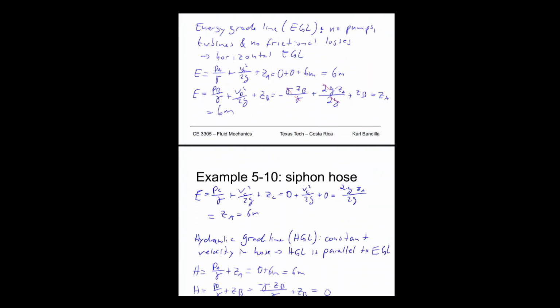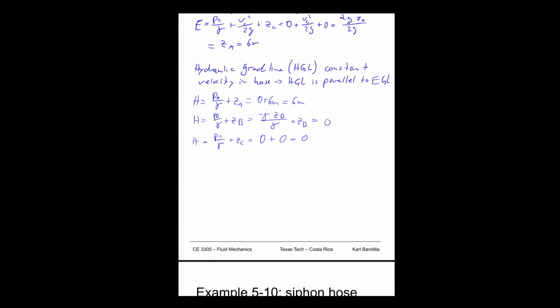So let's draw that in here. Let's give us a little bit of a coordinate system, I guess you could say. So let's do a straight line at the bottom. Let's put some markers on there, right? So say we start at A. I guess B was not quite at the half point, it was a little further off, and then C. So A, B, and C. And then let's do the energy grade line, right?